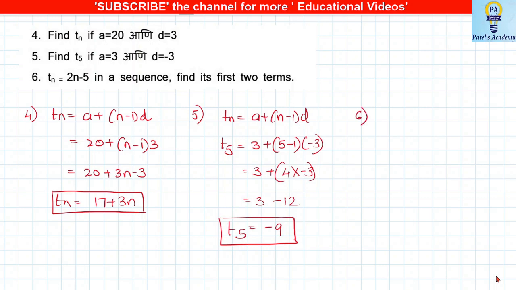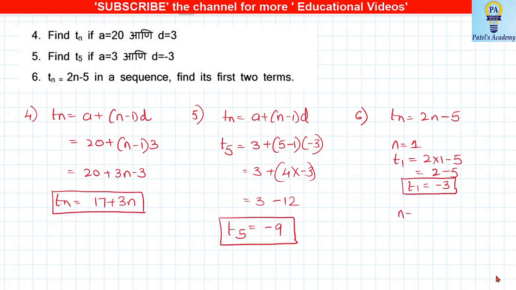Next, they have given Tn. You have to find out the first two terms. So the nth term is given as 2n minus 5. Now if you want to find out the first term, I'm going to put n as 1. So instead of n, we substitute 1. So 2 minus 5, that is minus 3. So this is the first term we got, T1.